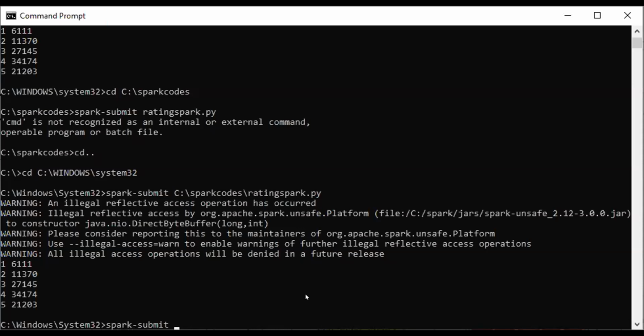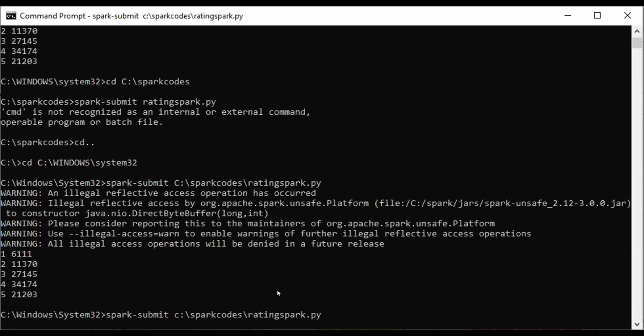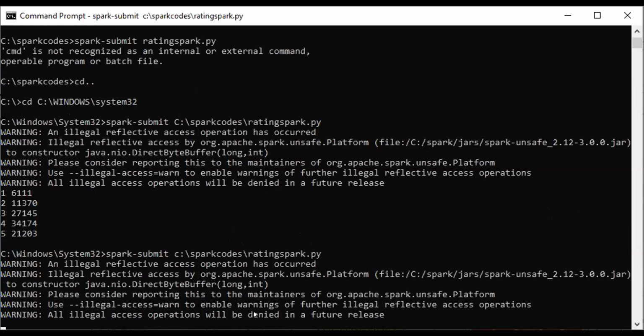So spark-submit, then let me put the address of that file, c spark codes. I just put spark-submit and the address of the code on my system. If you download it to your system, your address might be different. So instead of c/spark codes ratings spark py, you might put a different address.